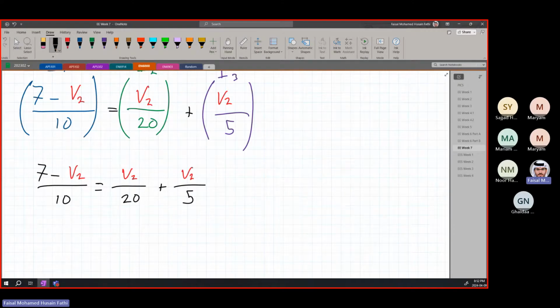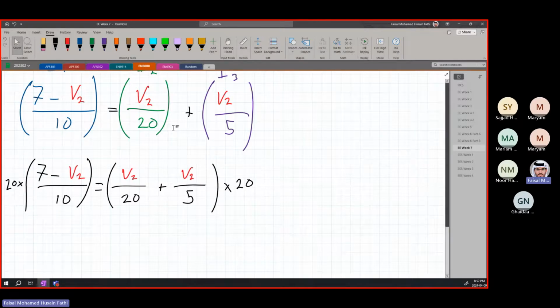First thing I'm going to do is multiply everything by 20 to cancel out all the denominators. That's how I usually solve these. So I'll multiply by 20 here, and I will multiply by 20 here, because anything you do on the left, you do on the right.